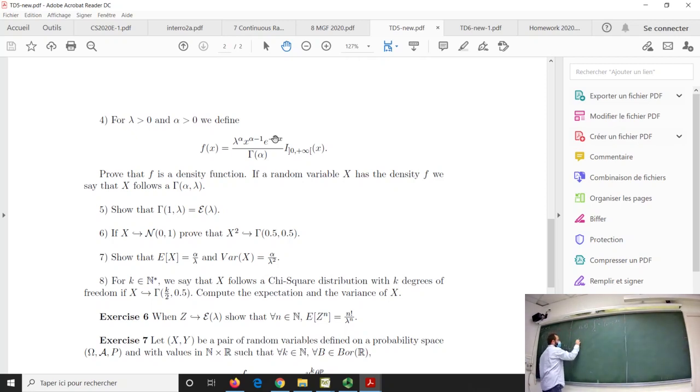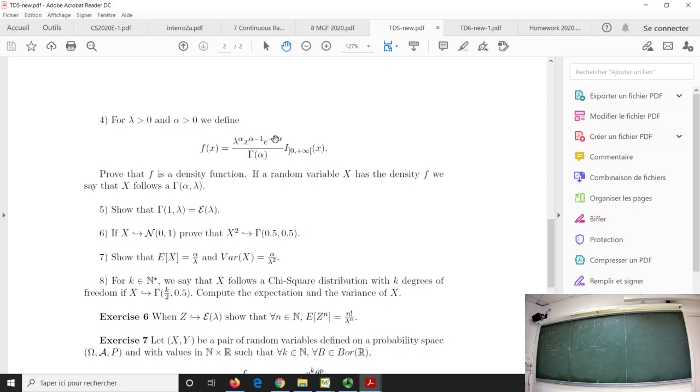Since I have an indicator function in the density function, it will be an integral from 0 to plus infinity of x lambda^alpha x^(alpha minus 1) exponential minus lambda x over gamma of alpha dx. But I can simplify a little here.